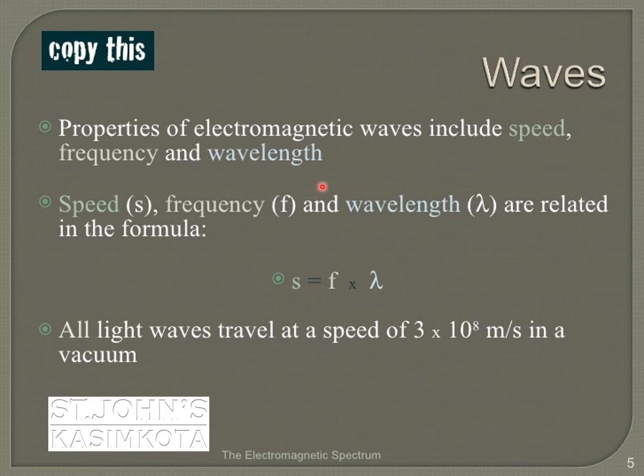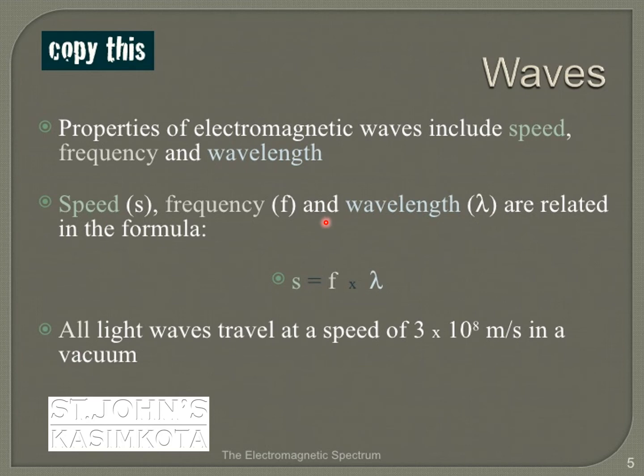So note down that the properties of electromagnetic waves include speed, frequency and wavelength, which means the property depends upon frequency and wavelength, which in turn depend upon the speed.